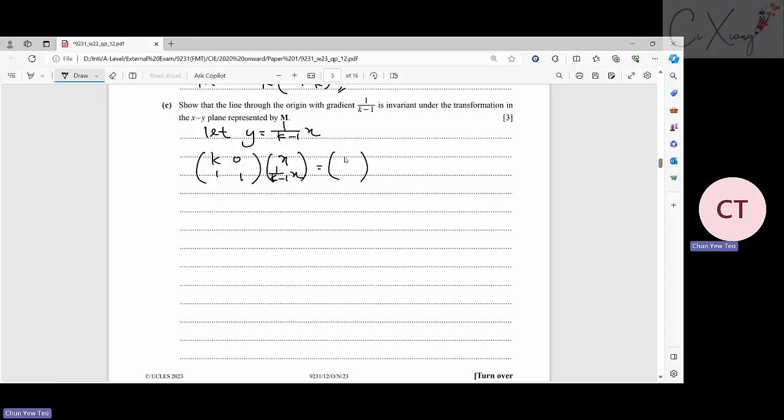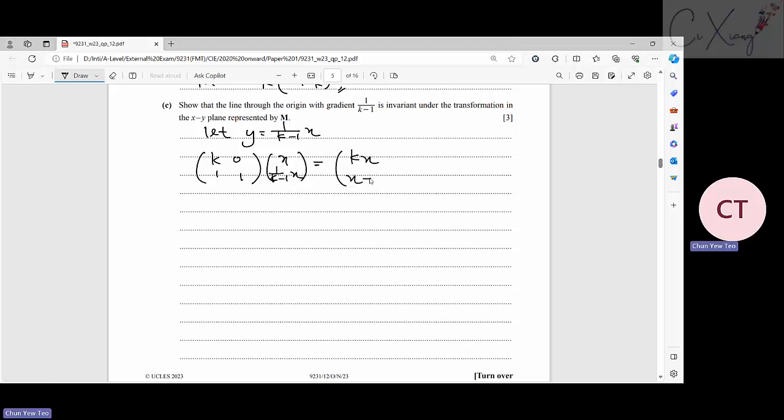Okay, to show that it's invariant, by right you need to show that at the end it becomes x, and then 1 over k minus 1 times x. You need to show it like this. But before that, we need to expand them. If we expand them, you will get kx, only one kx.